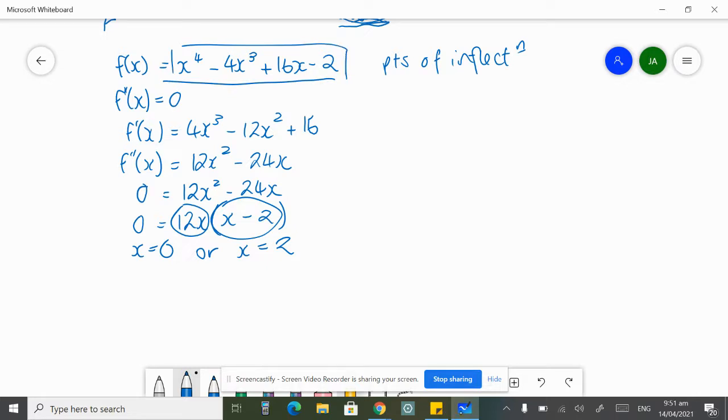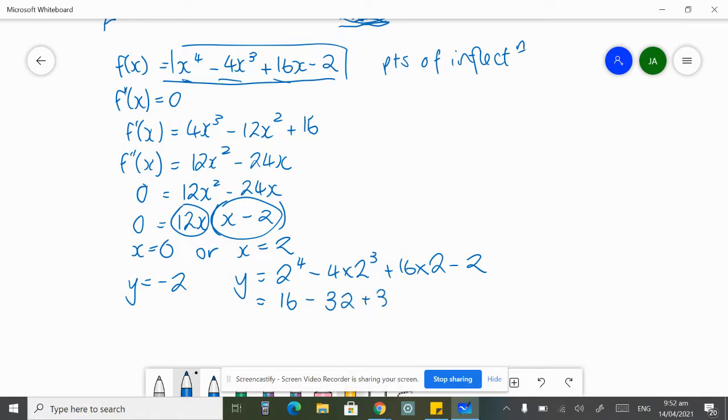So if we substitute 0 into it, that's 0, that's 0, that's 0, we get negative 2. If x equals 2, y equals 2 to the power of 4, minus 4 times 2 to the power of 3, plus 16 times 2, minus 2. 2 to the power of 4 is 16. 2 to the power of 3 is 8. 4 times 8 is 32. 16 twos are 32.